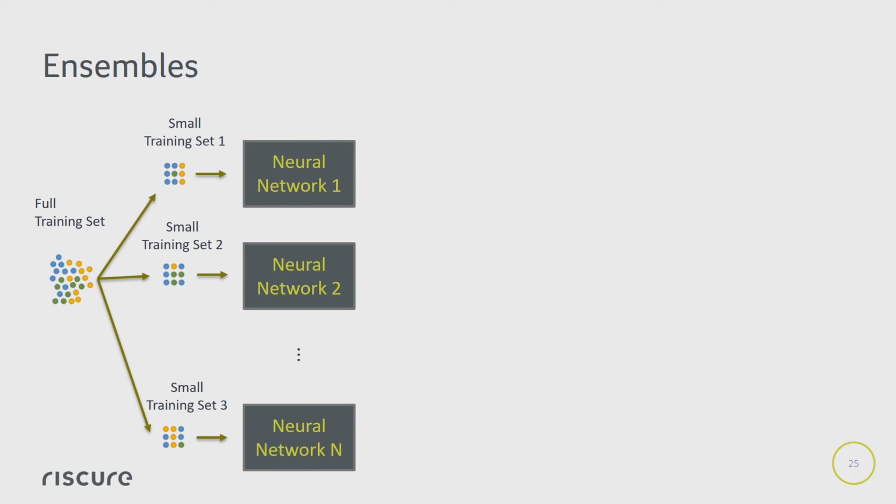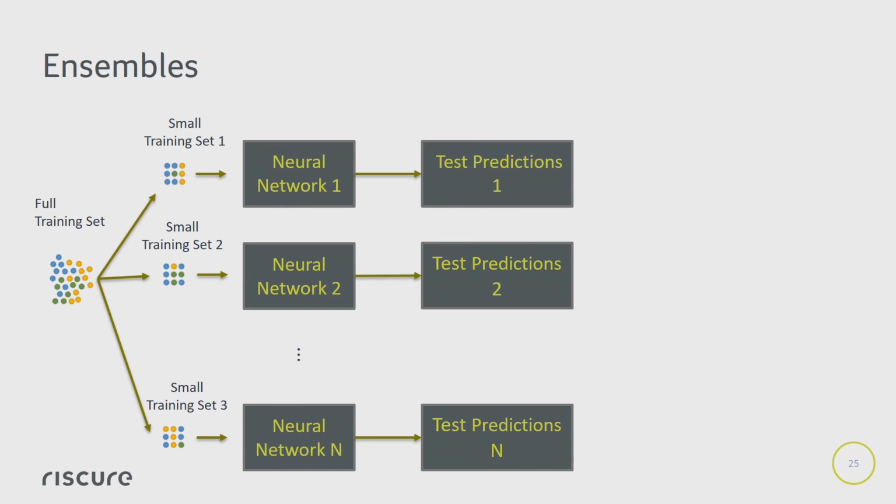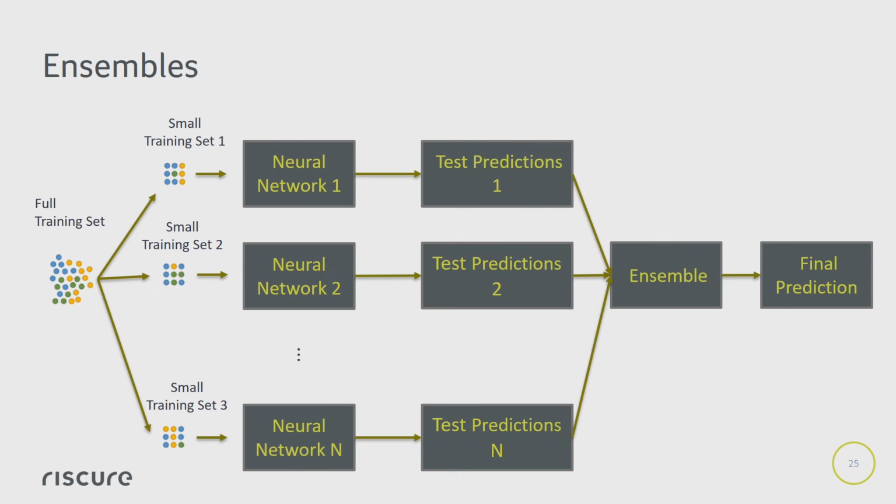Then you take the test predictions for all the different neural networks. Of course, you use the same test set on all the networks, and then you combine their predictions into one final prediction, in an ensemble.